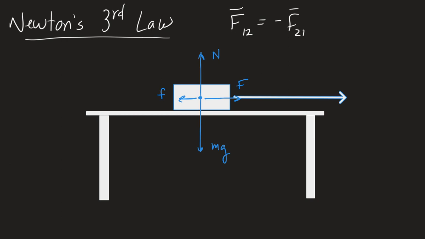The easiest one to see right here is that the table pushes up on the box, and the box is pushing down on the table. That is a Newton's third law pair. There's an upward force from the table on the box, and an equal but opposite force on the table from the box. They form a Newton's third law pair. The forces are equal. They're in opposite directions.